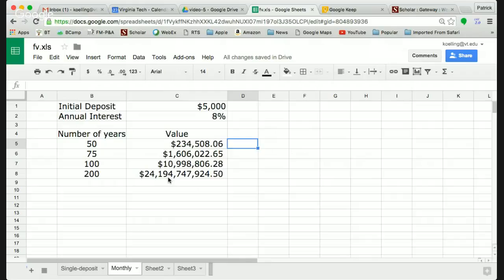Pretty attractive. One last thing, notation. What about this 1 plus i to the n thing? This present amount, or this $5,000, times 1 plus i to the n.